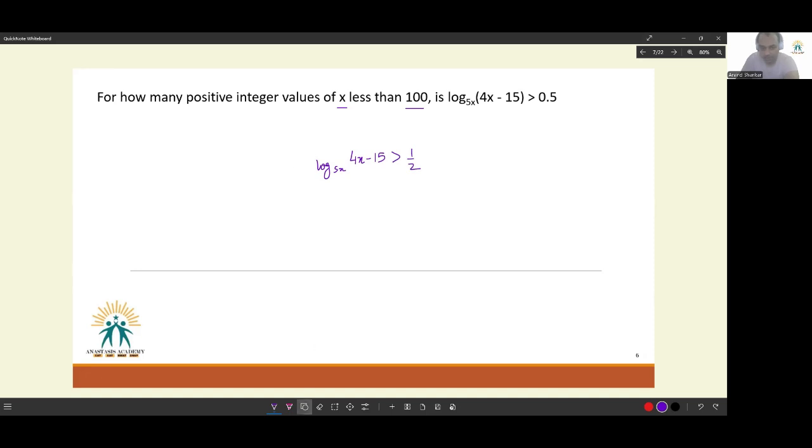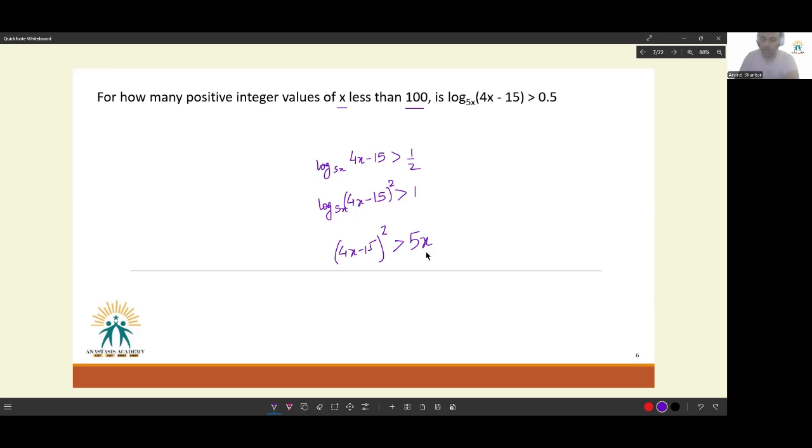This 2 I can bring over to the left hand side, which will give me 2 log of 4x minus 15 is greater than 1. This 2 I can also bring in here, get rid of it, and then I will have 4x minus 15 whole square should be greater than 5x raised to the power 1.